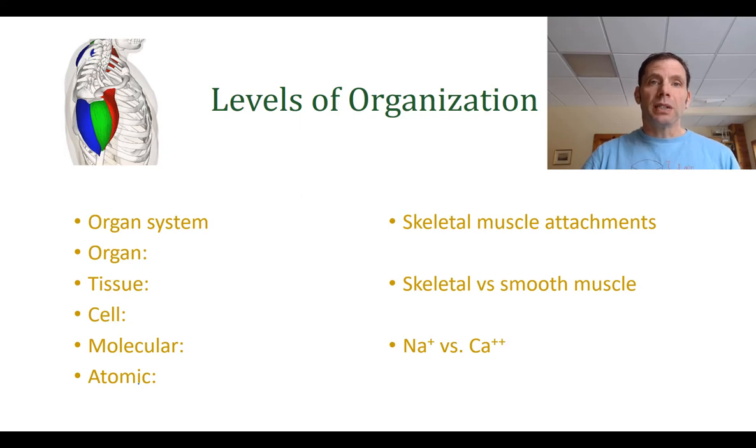Calcium will bind to specific proteins, cause a shape change in those proteins, which will then allow the generation of force. Sodium, even though it's a positively charged ion, has a different shape and doesn't induce those structural changes in the proteins and will not cause the generation of force on its own.